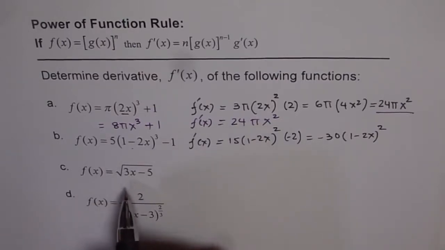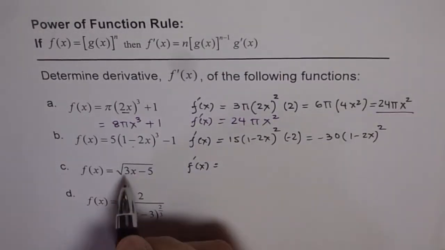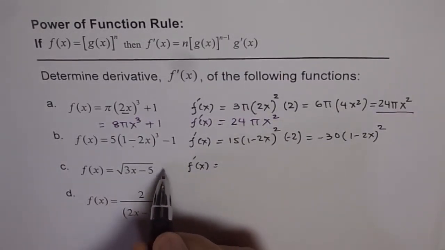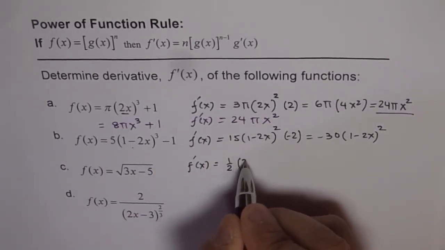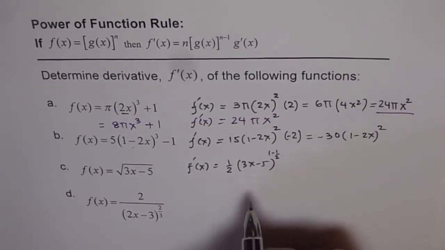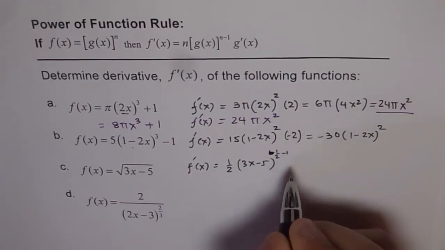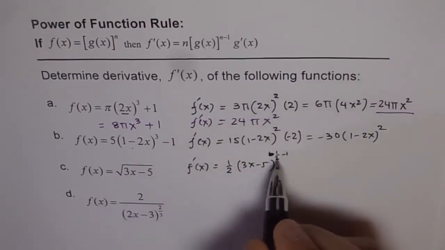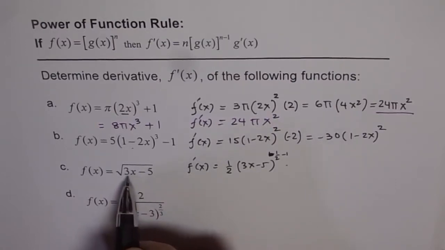So that is the answer for the second one. Now let's apply the power of function rule to part C. So we get f dash x equals, this is 3x minus 5 to the power of half, right? So it comes like half, 3x minus 5 to the power of half minus 1, times the derivative of the inside function, which is 3x minus 5. The derivative is 3.